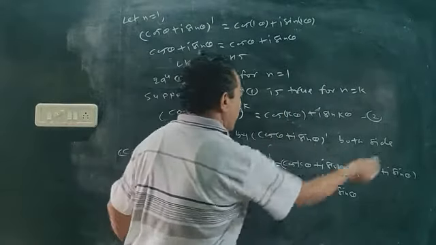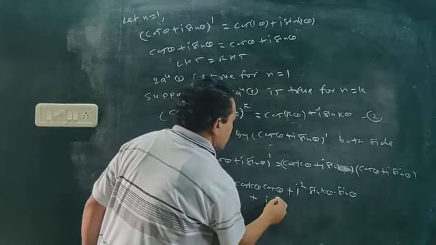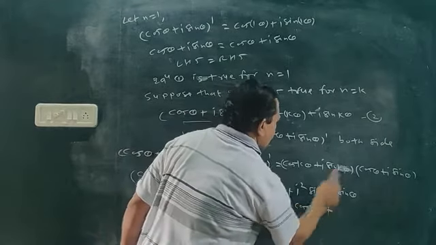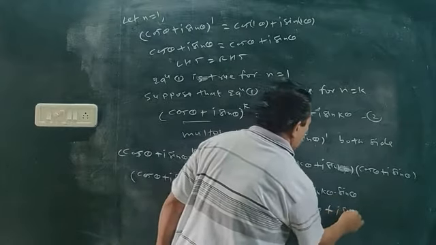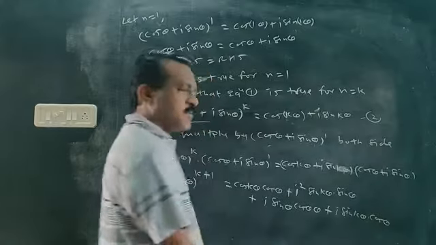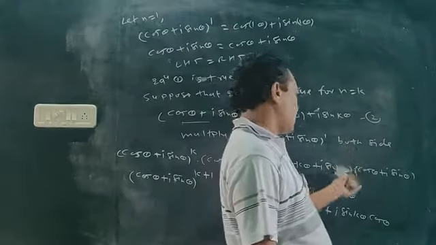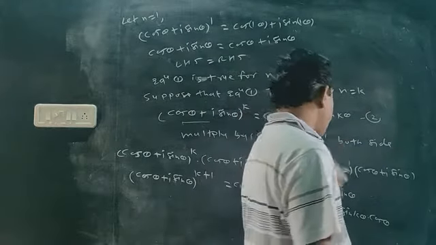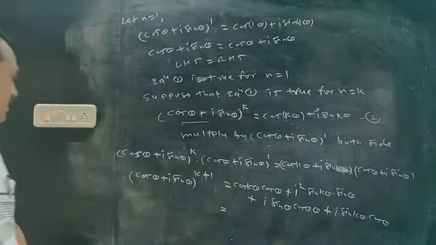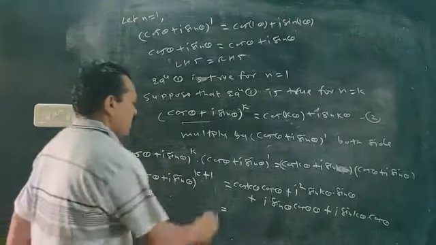Now the first and last: sin theta cos k theta, and second into first, I sin k theta and cos theta. Okay, four terms: first into first, second into second, first into second, second into first. This we simplify; the left side always gives k plus 1 power.